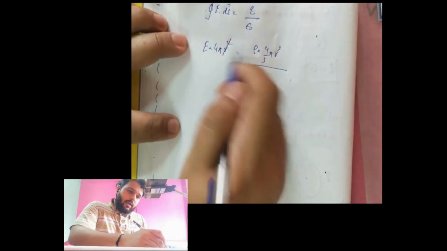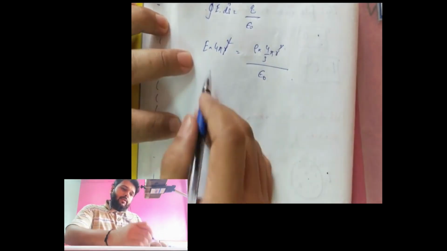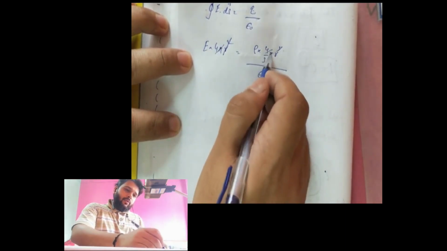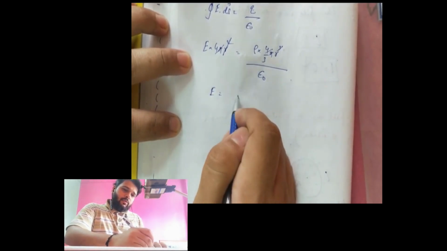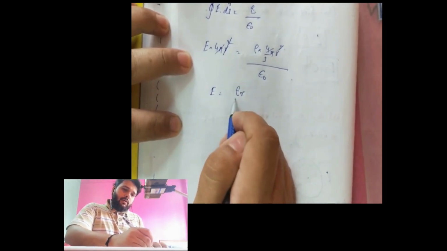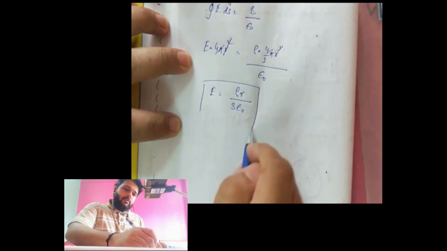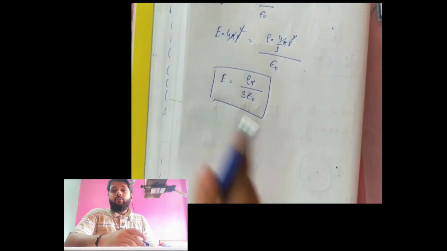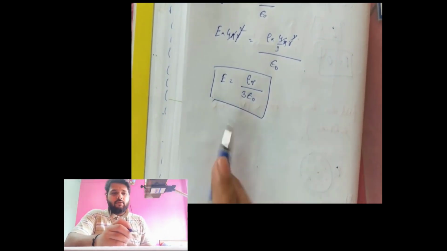Now see, this r square and this r cube will get cancelled, so here we'll be left with r only, and this 4 pi and this 4 pi will get cancelled. So E will be equal to rho r by 3 epsilon naught. This is the electric field due to volumetric charge distribution, or due to solid sphere, inside the sphere.